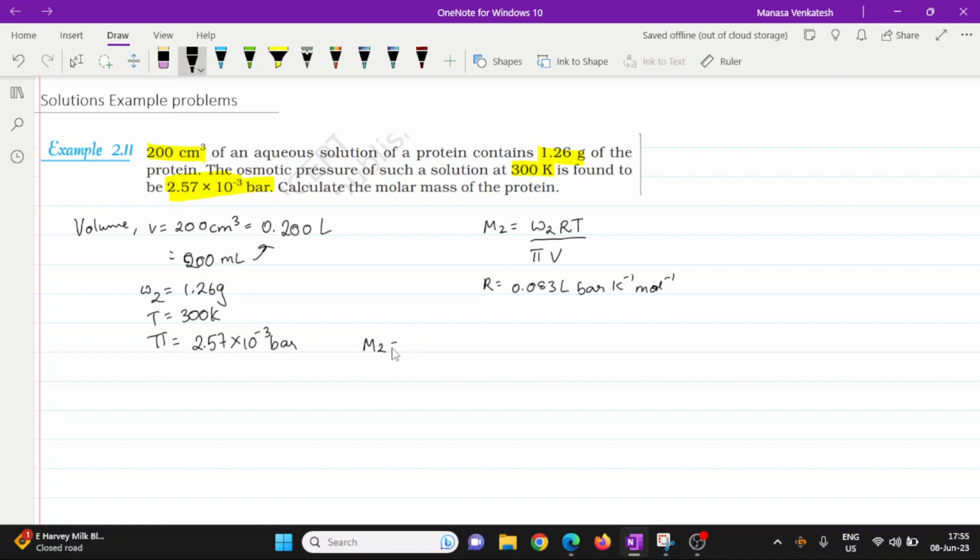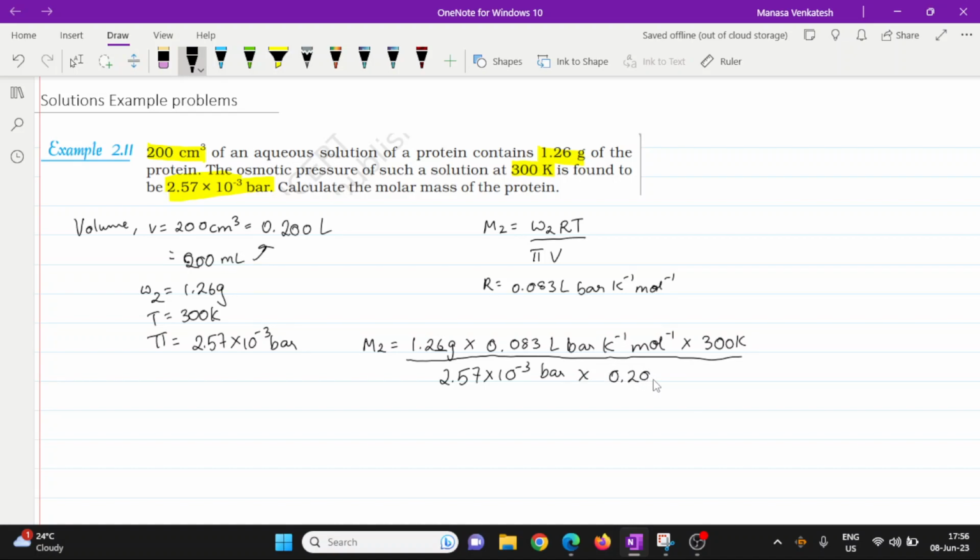So M2 will be equal to W2, which is 1.26 grams, into R, which is 0.083 liters bar per Kelvin per mole, into temperature, that is 300 Kelvin, whole divided by the pi, that is the osmotic pressure, 2.57 into 10 to the power minus 3 bar, into the volume, 0.200 liters.